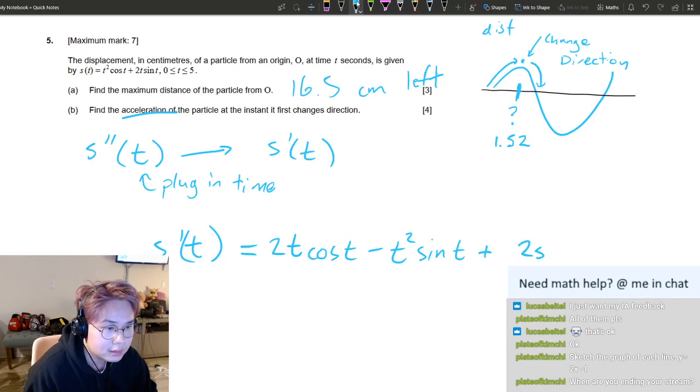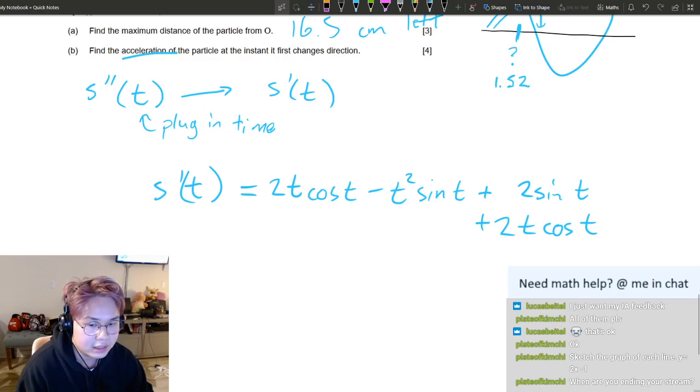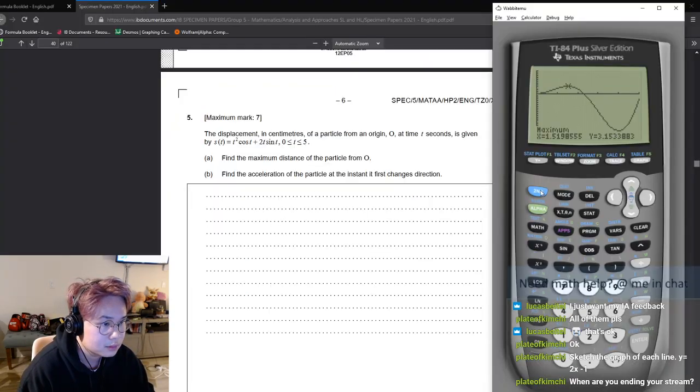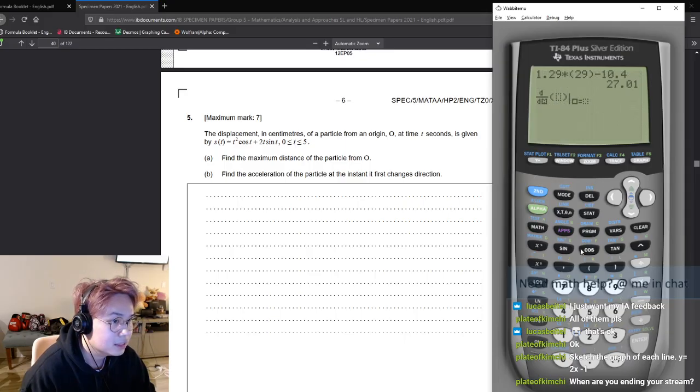So that's 2 sine t, and then plus 2t cosine t. Alright, so now that I have this, see, I can calculate the derivative of any given function. So my variable is x.